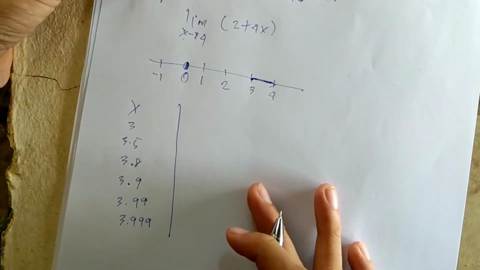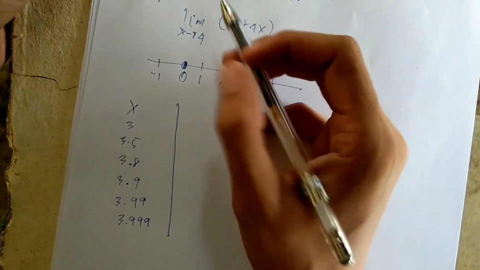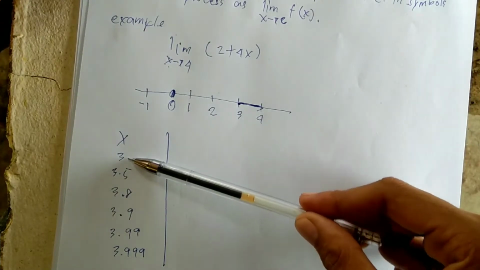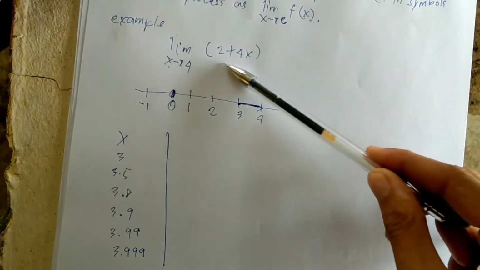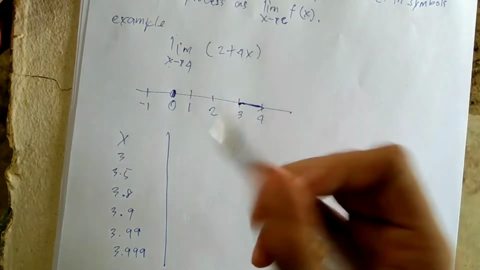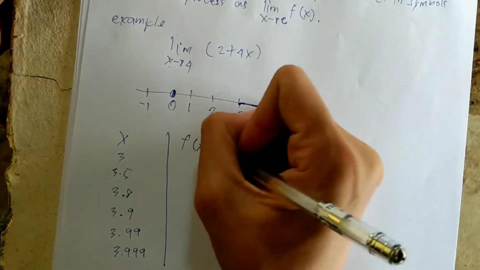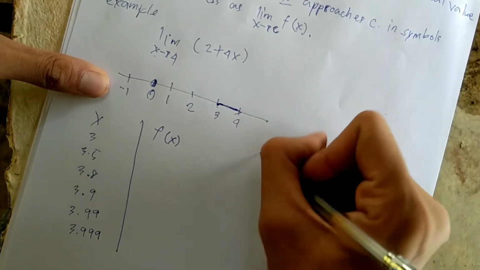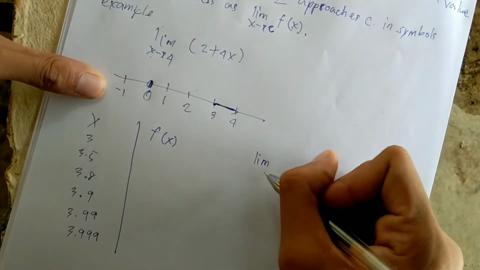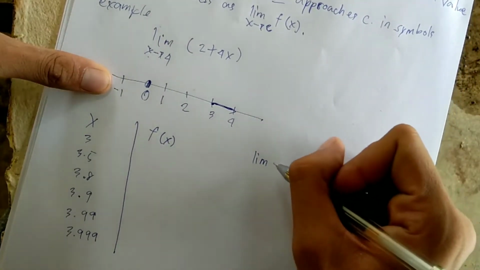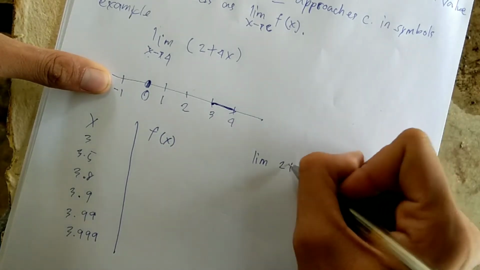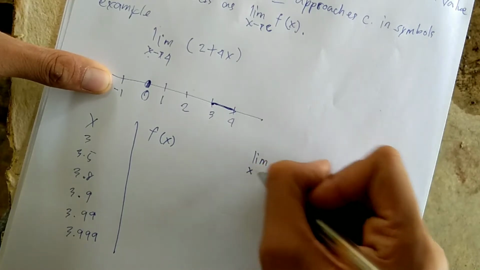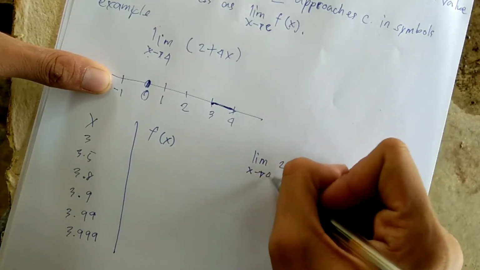Okay, to find the f of x, you need to substitute the value of x sa equation na to. So, yung 3 mo na yung una. Limit of 2 plus 4x as x approaches 4.